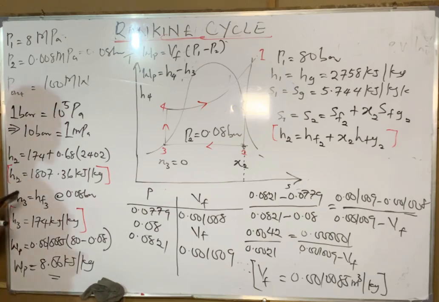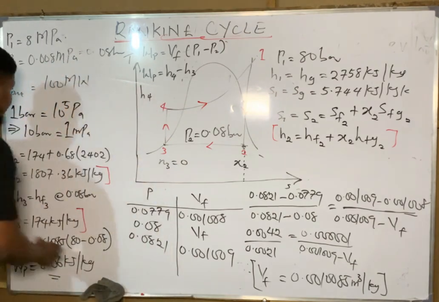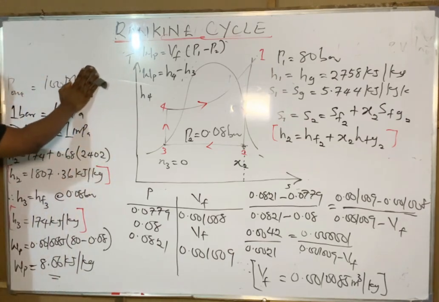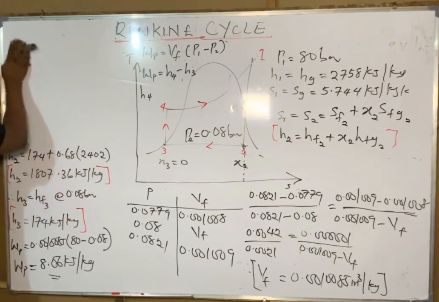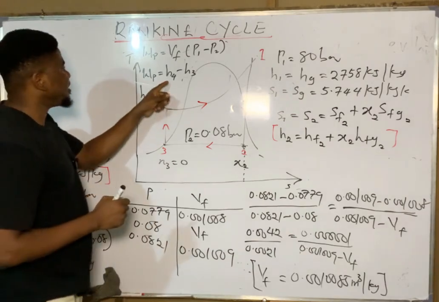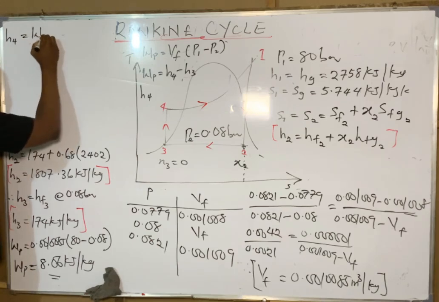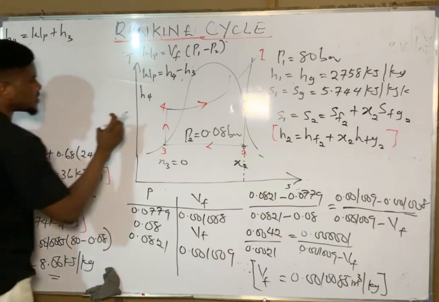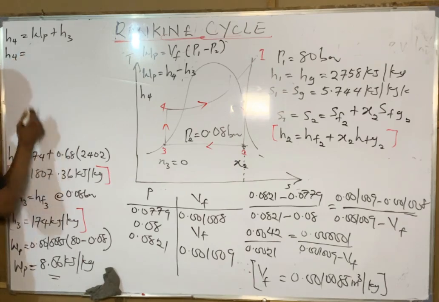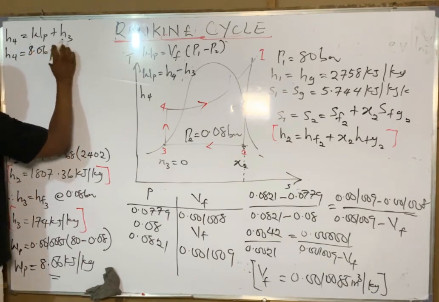If you know the pump work, you can now plug it into this particular equation to find the enthalpy at state 4. Okay, so what do we not need? We don't need this. We also don't need this. All right, so you recall from here you can make H4 the subject. This means H4 is going to be equal to pump work plus H3, as negative H3 crosses over. So our enthalpy at state 4 is now, our pump work, remember, is 8.06 plus H3.